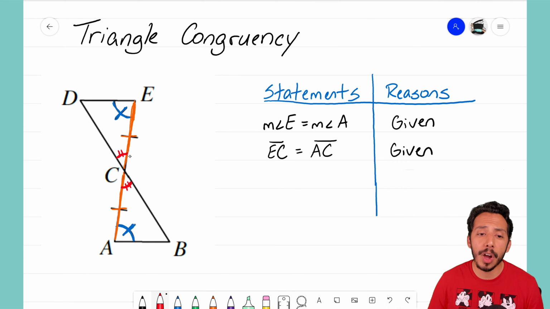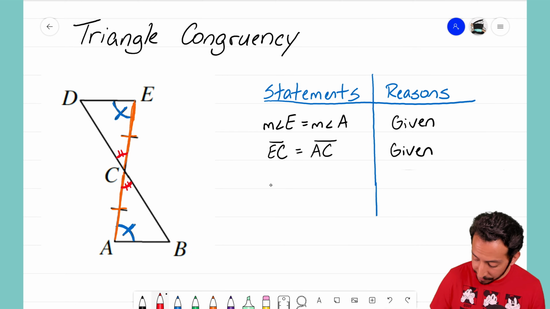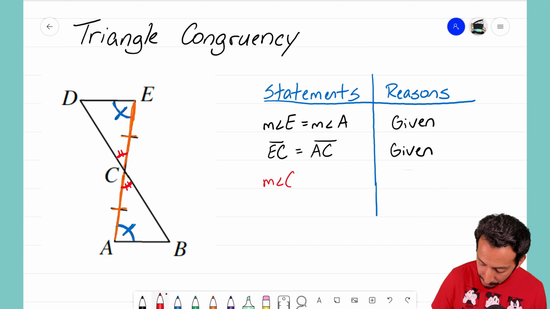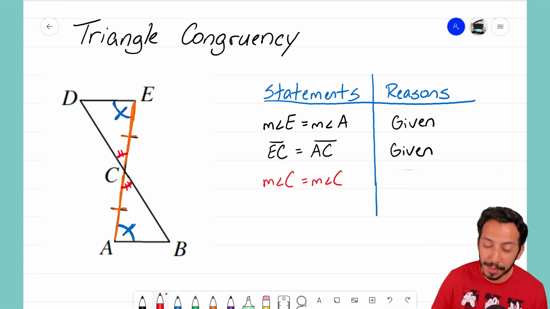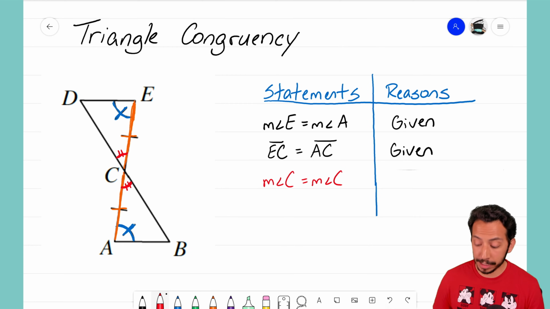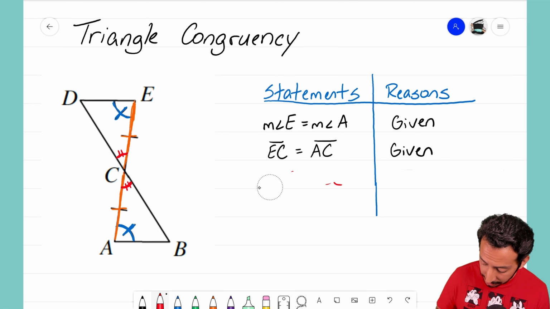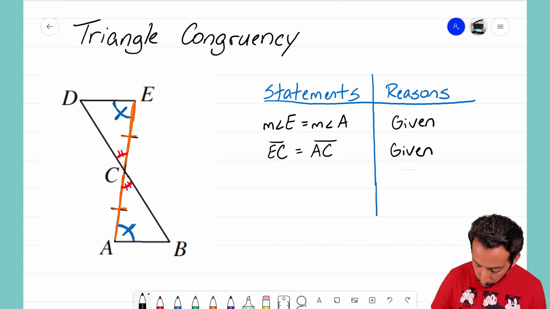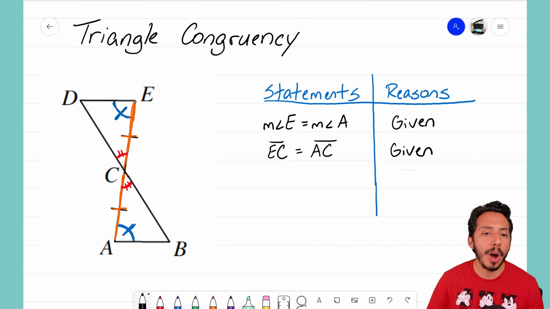All I have to do now is talk about these red angles in my two-column proof. Again, be very careful. We cannot say that the measure of angle C equals the measure of angle C, because there are in fact two different angles here. We need to specify the names by using three letters instead of just a single letter. I'm going to call the top angle ECD.